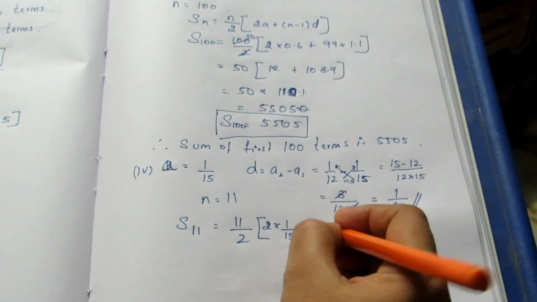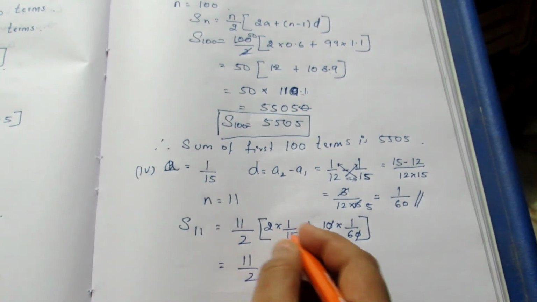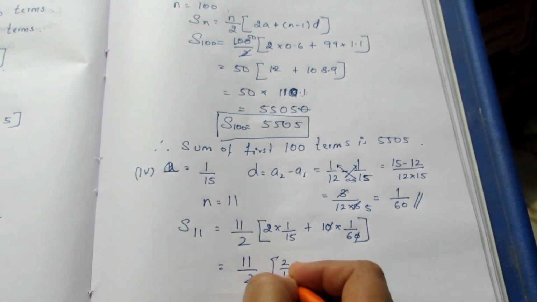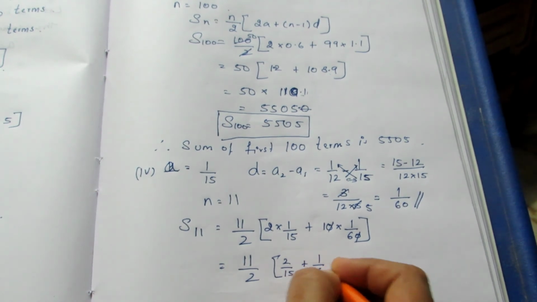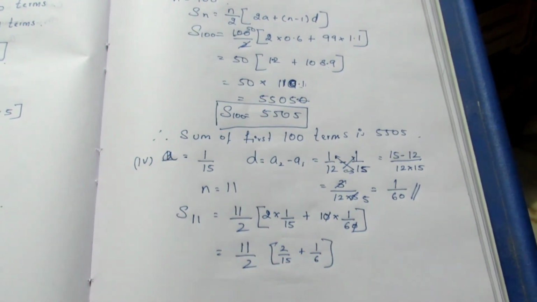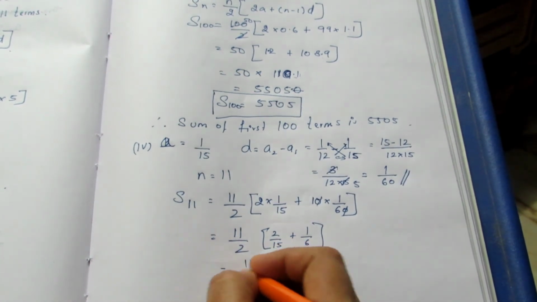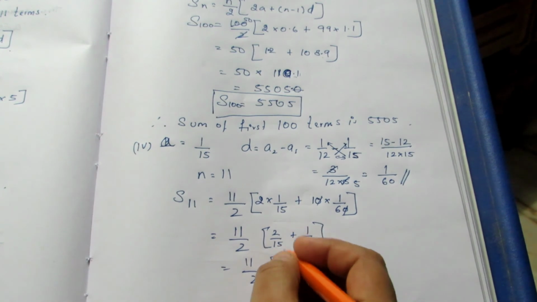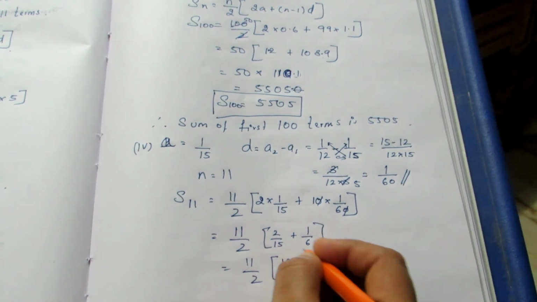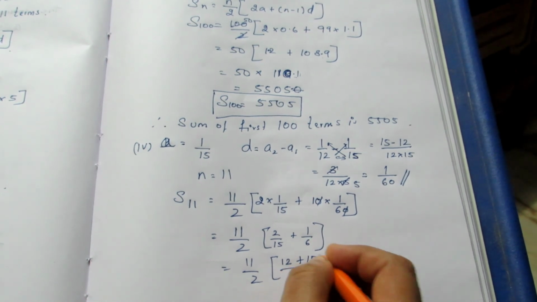Here this gets cancelled, and here 11 by 2, we can't cancel, so it becomes 2 by 15 plus 1 by 6. As I told before, just cross multiply the numerator and multiply the denominator. Here it becomes 11 by 2, into 12 plus 15 by 15 into 6.